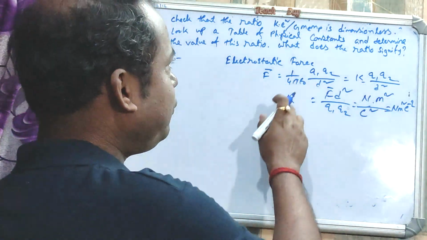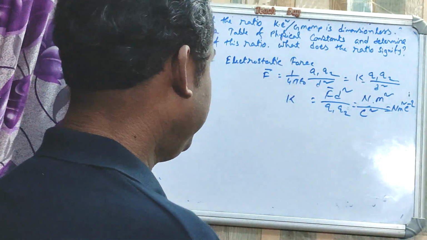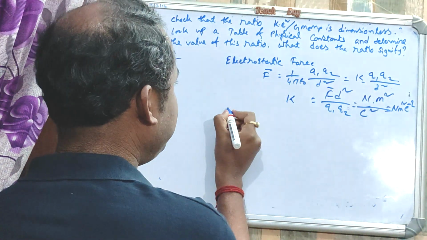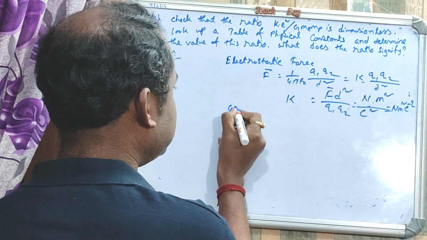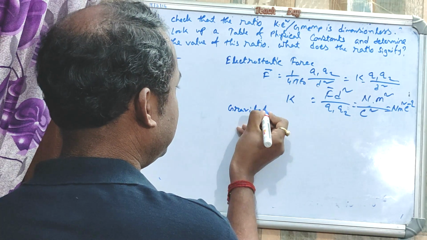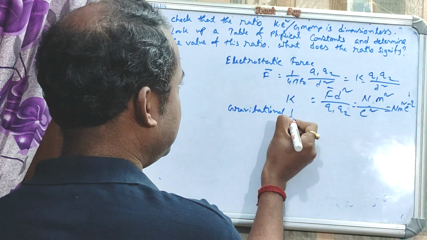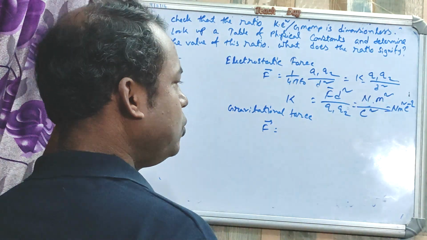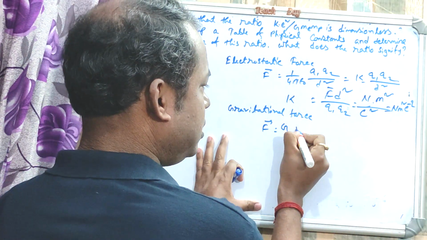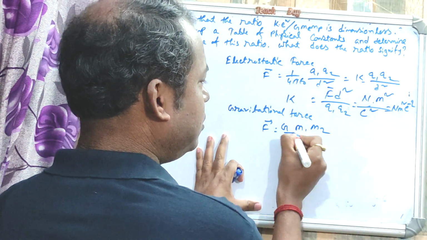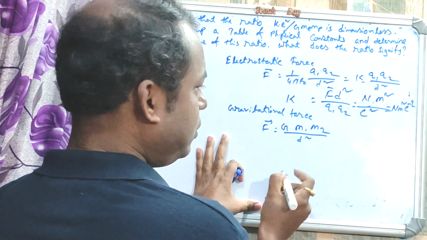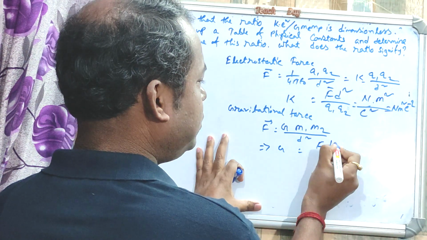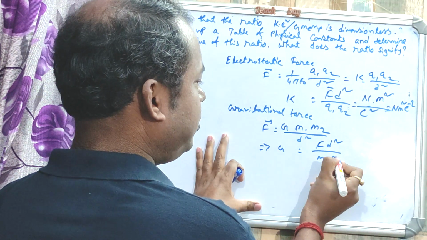Same thing, we want to find out the unit of G. What is G? That is the gravitational universal constant. So we come back again to the gravitational force. Gravitational force F equals G into m1 into m2 by d square. So that means G equals F into d square by m1 into m2.